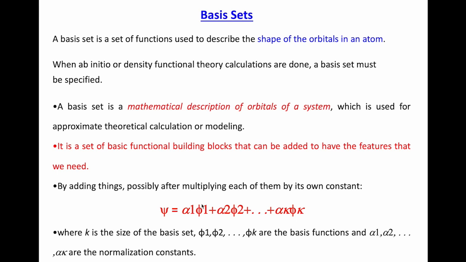So, if we want to find the wave function of a molecule, we add together different basis functions. Using these basis functions we make basis sets, and adding the different basis sets together we get the total wave function.